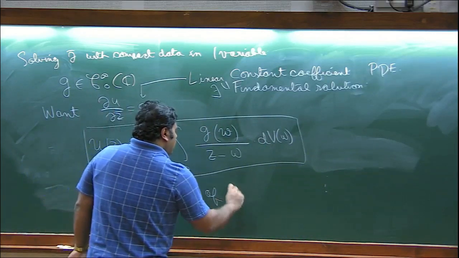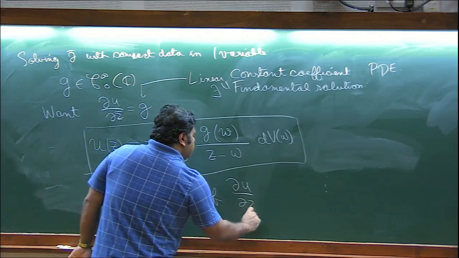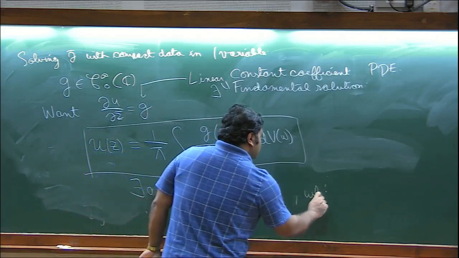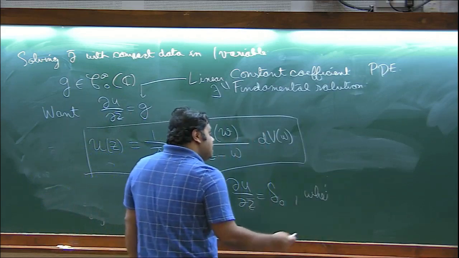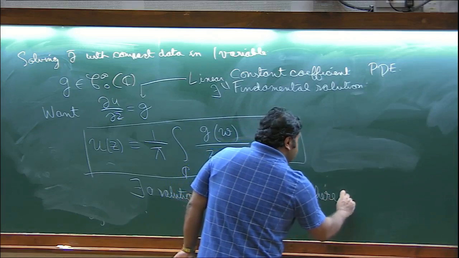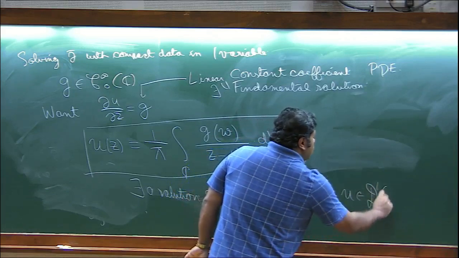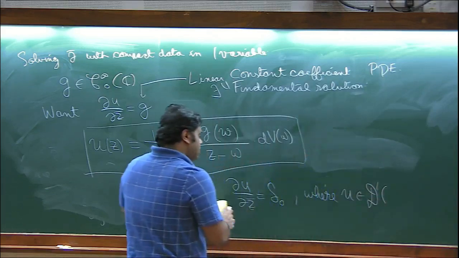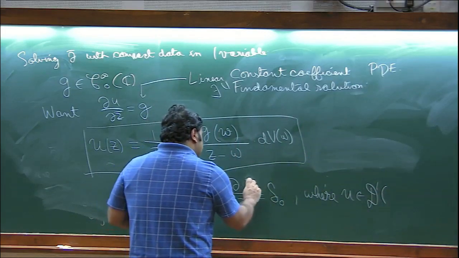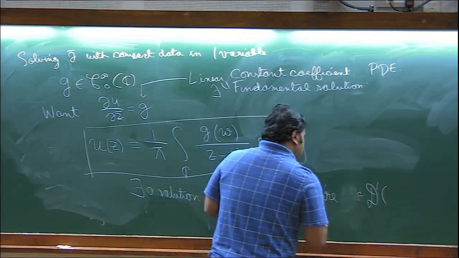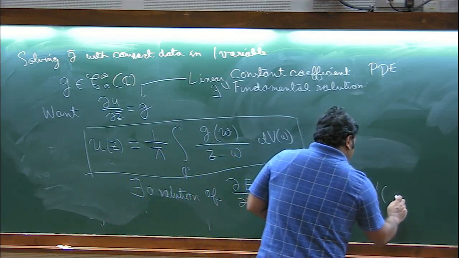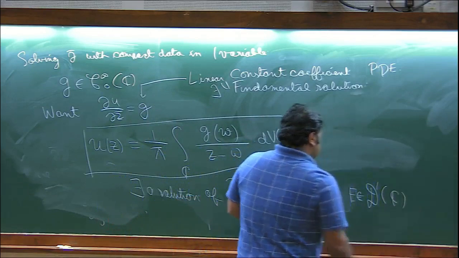of du over dz bar equal to the delta function at 0, where of course as soon as you make the right hand side a distribution, you want the solution to be a distribution as well. This u is some distribution called the fundamental solution. I should probably use a separate letter, let's call it E. Okay.